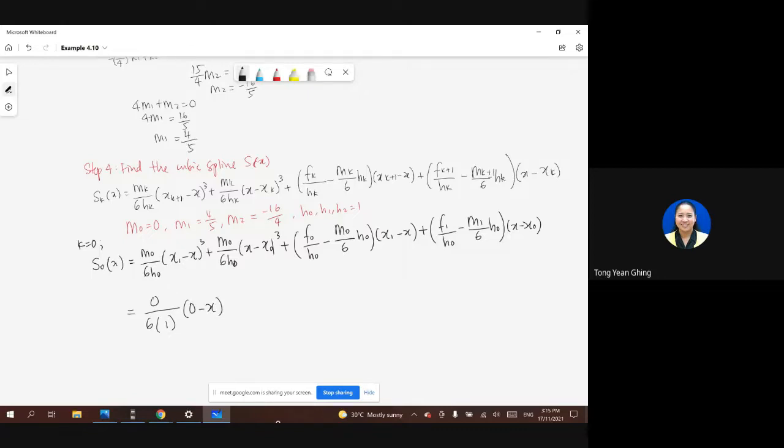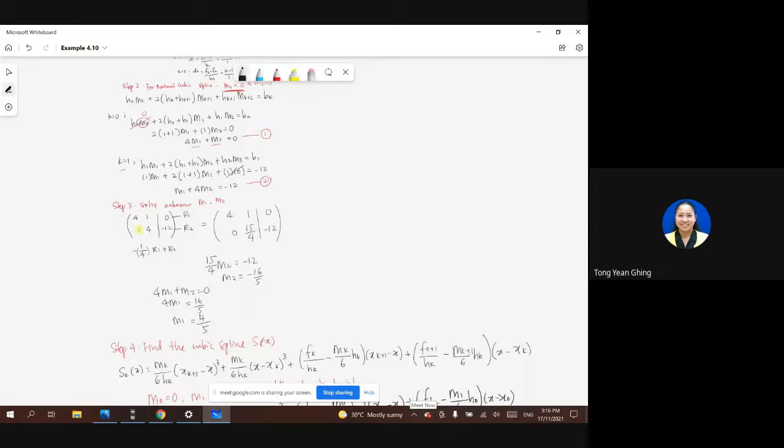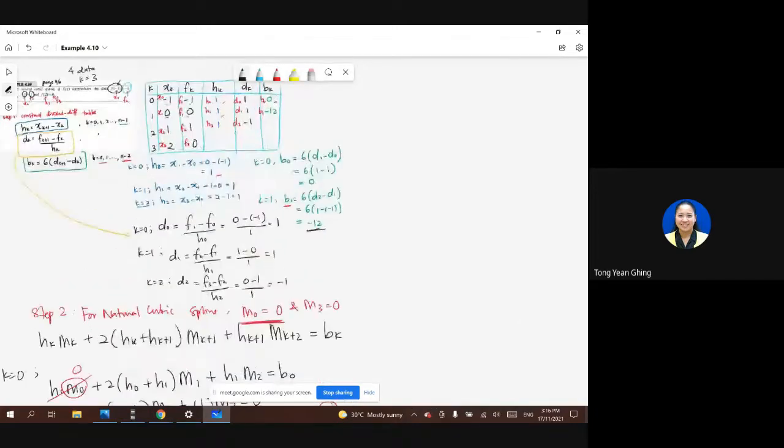0 minus X, power of 3, plus M naught, which is 0, over 6 over 1, and then X minus X naught. X naught is negative 1, power of 3, plus F naught. Just now, this one F naught is negative 1.